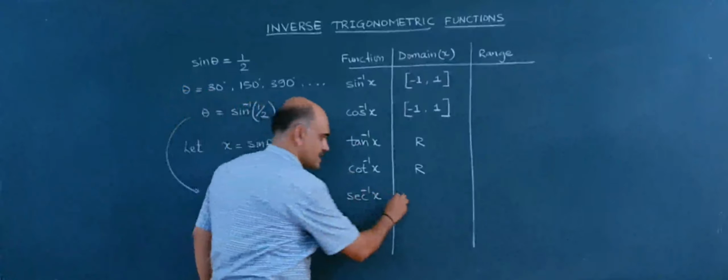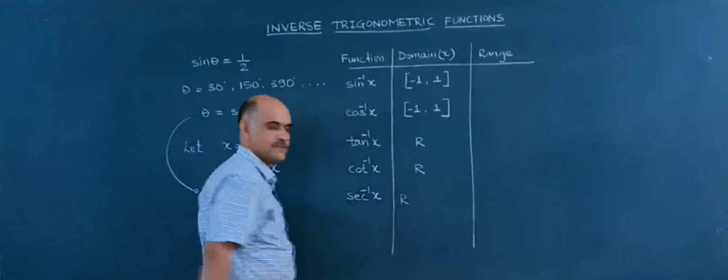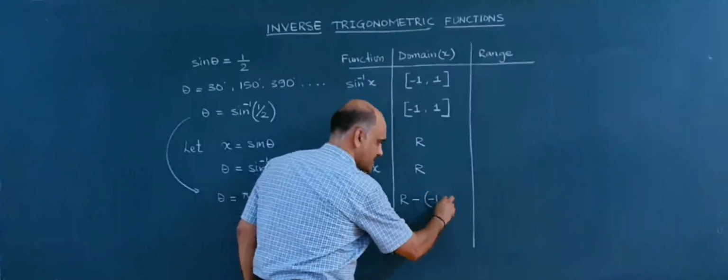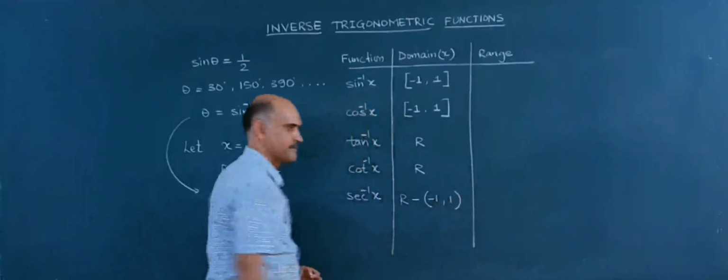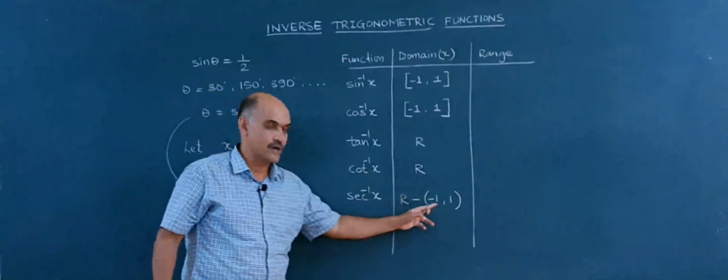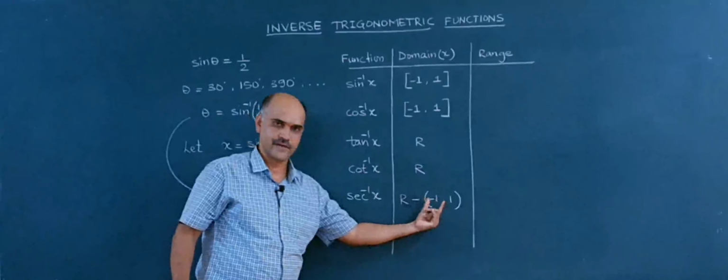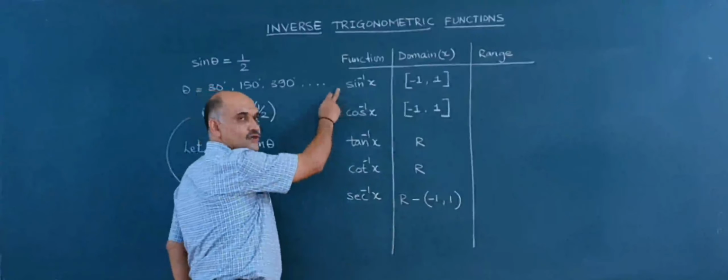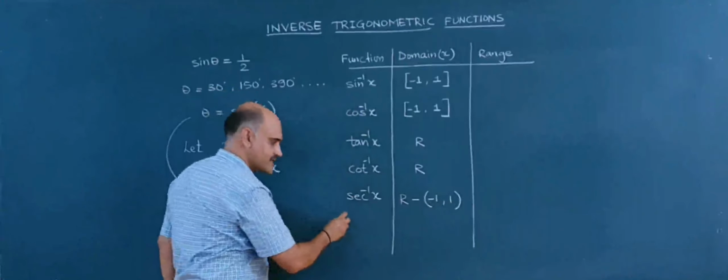So x will be all real numbers minus the interval from -1 to +1. Here the bracket should be round, that is open interval.